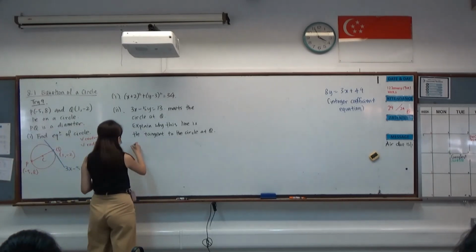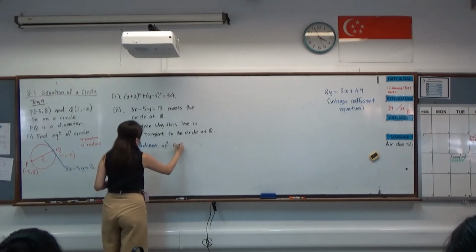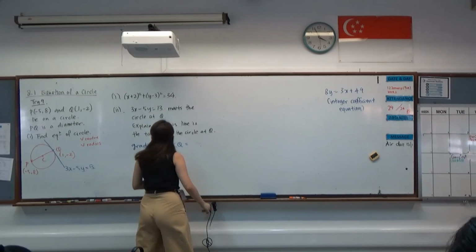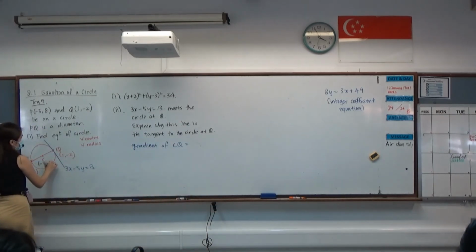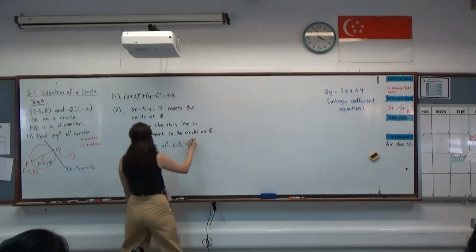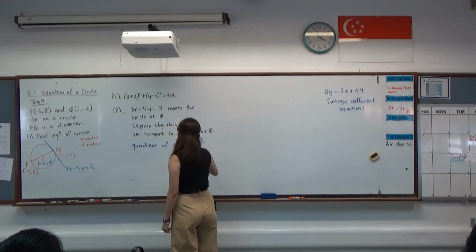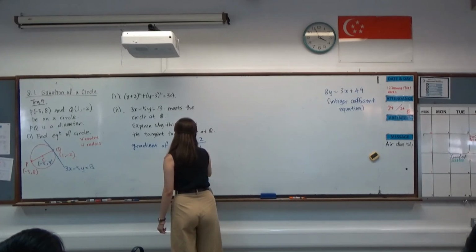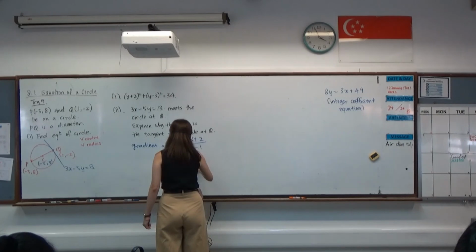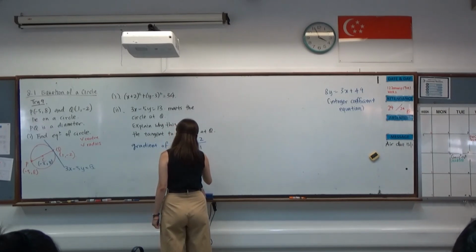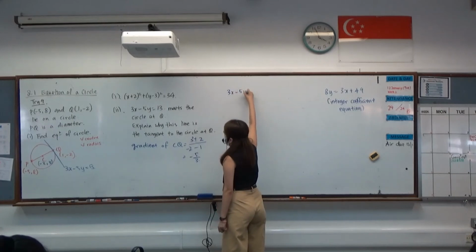Okay? So gradient of CQ, C would have been negative 2, 3. So 3 plus 2 over negative 2 minus 1, 5 over negative 3. And then 3x minus 5y equals to 13.